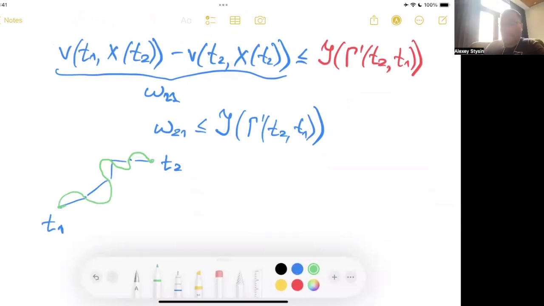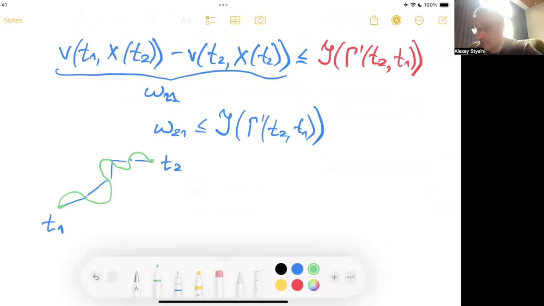And the integral over the curve is going to be larger than the sum of those discrete jumps, because for every jump, the integral over that segment of the curve is larger, or at least not less.